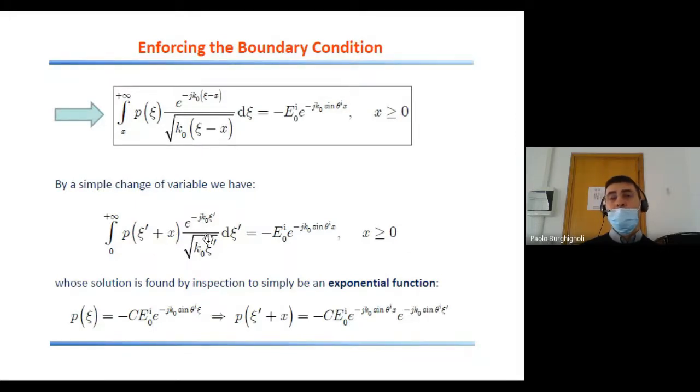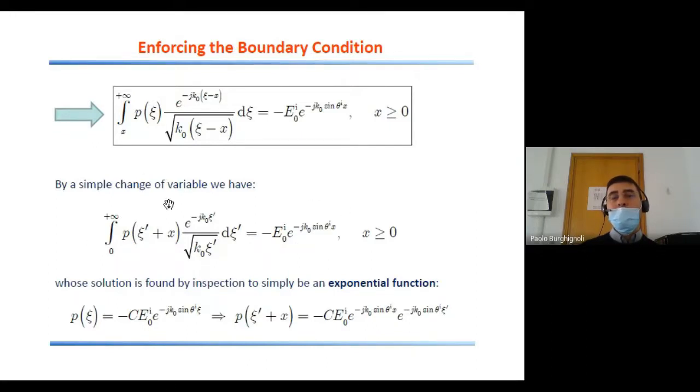And what you will get will be an integral in psi prime in which x has disappeared, whereas the entire dependence on x can be taken outside of the integral, and therefore written as a factor outside the integral, which replicates the exponential on the right-hand side.